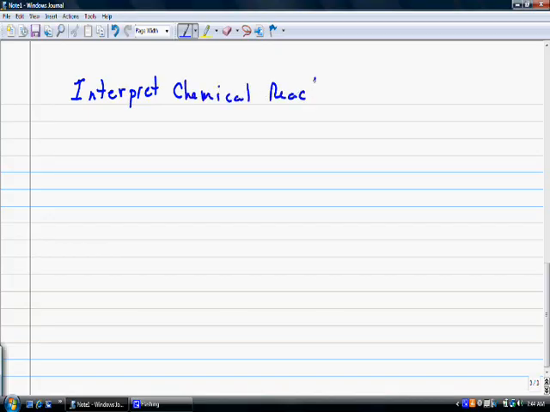Chemical reactions can be interpreted in terms of particles, moles, and since we can convert moles to grams, it can be interpreted in terms of grams.